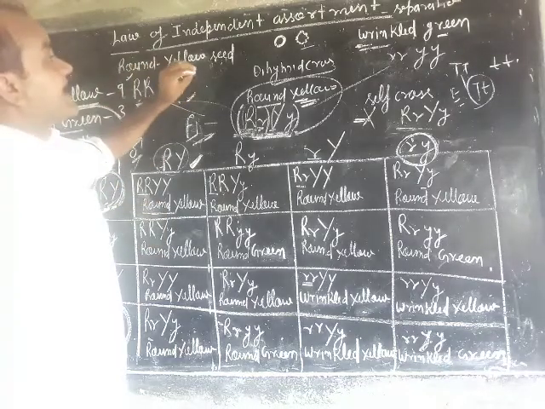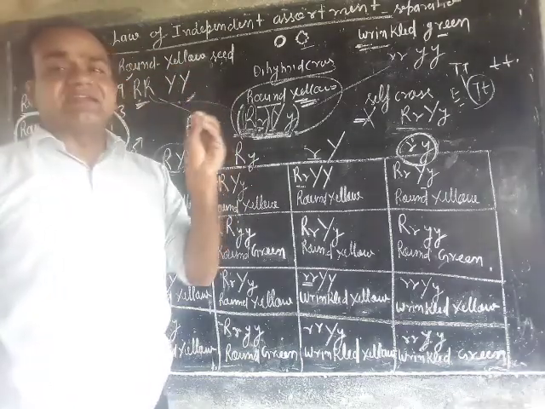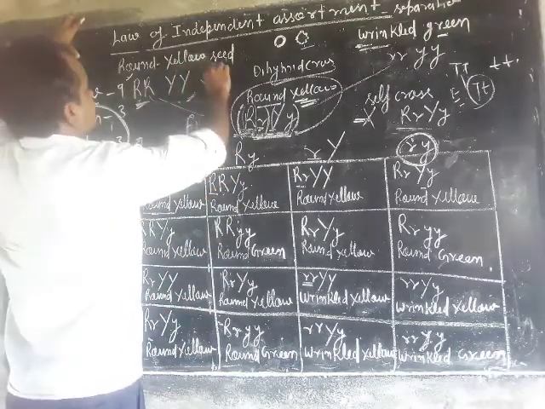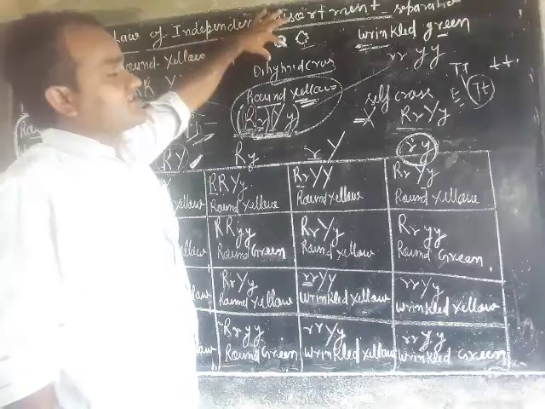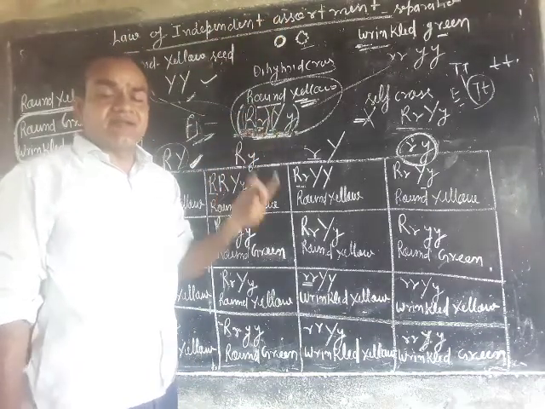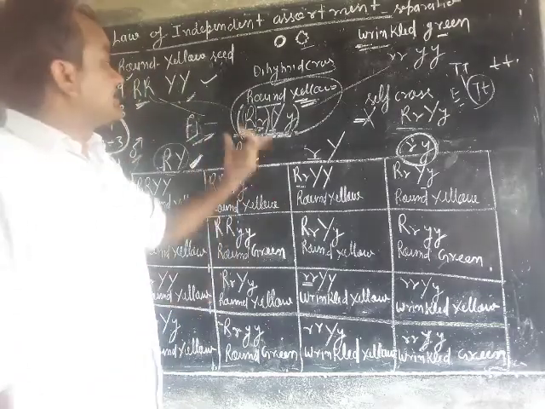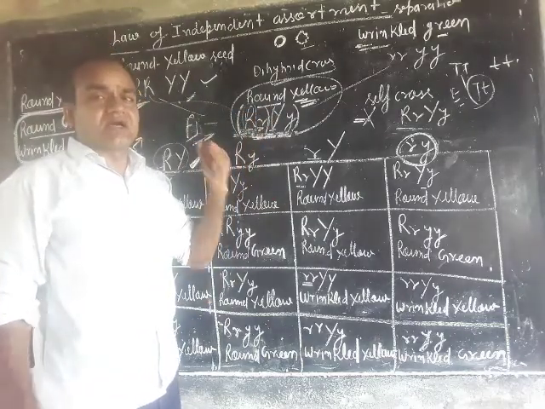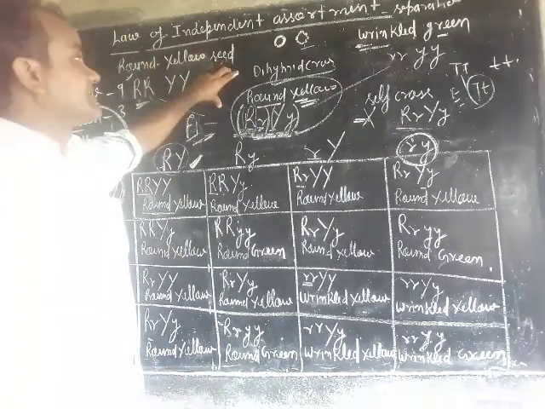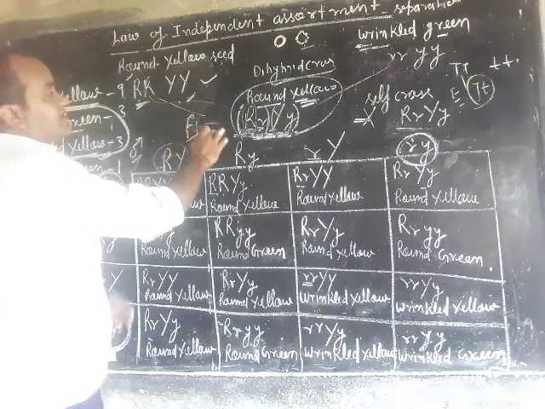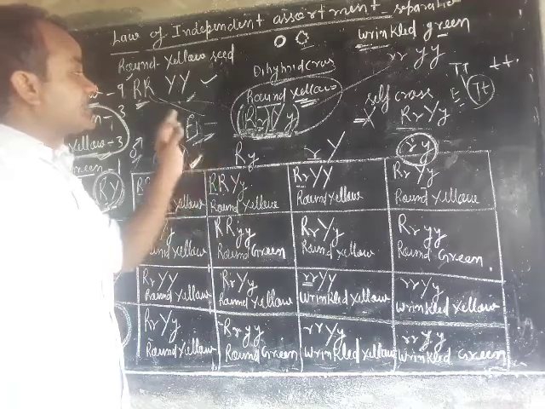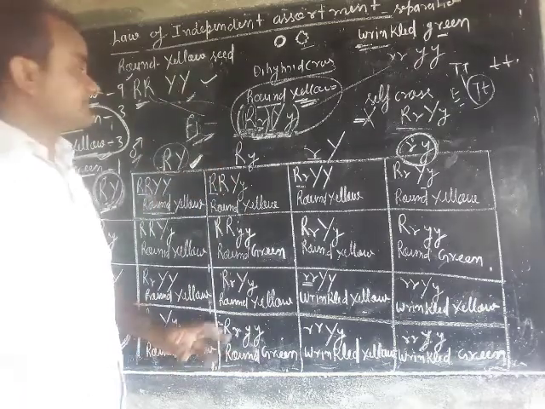Now we can define the law of independent assortment. When two contrasting characters come in a hybrid, or you can also say in a dihybrid cross, one pair of contrasting traits or characters separates at the time of gamete formation.